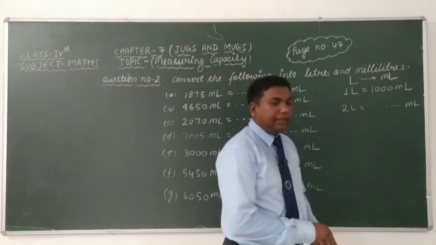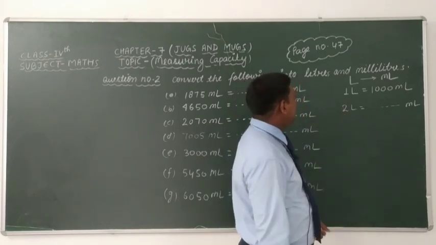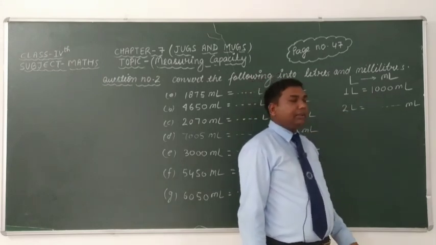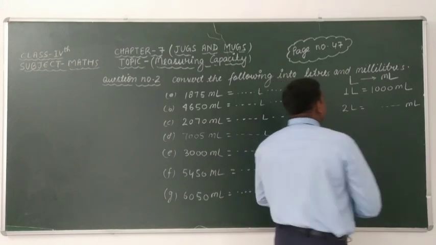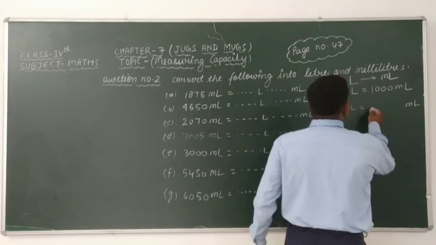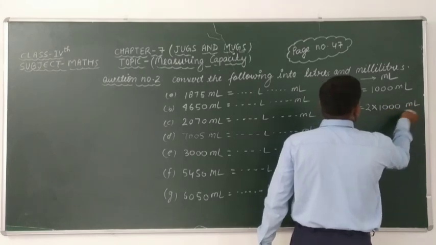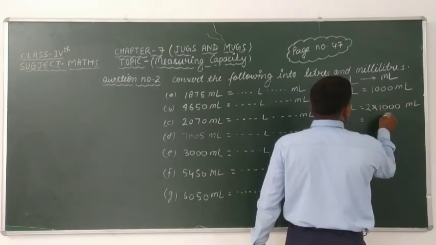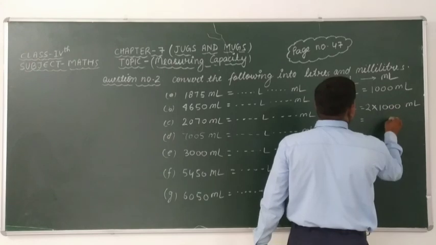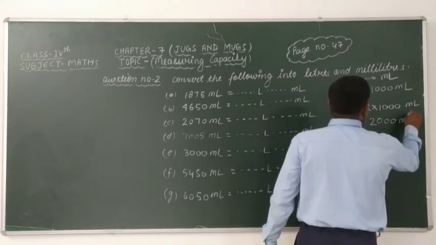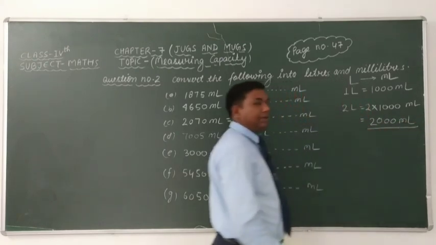It means that if we multiply 2 and 1000, we get 2 into 1000 ml. 2 times 0 is 0, 2 times 0 is 0, 2 times 0 is 0, 2 times 1 is 2. It means 2000 ml.